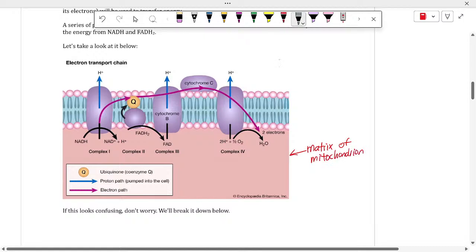And the outer space here is the intermembrane space. Note where we aren't: nothing is happening with the outside of the mitochondrion. Does that make sense? This membrane is not the membrane that separates the cell from the mitochondrion. It's the membrane that separates one side of the mitochondrion from the inside of the mitochondrion.